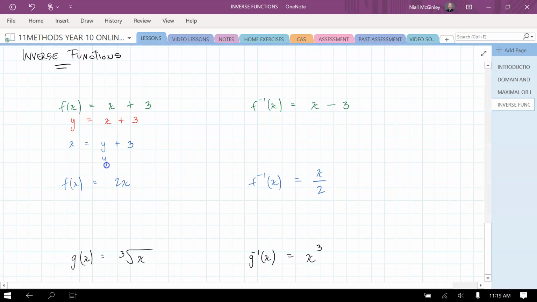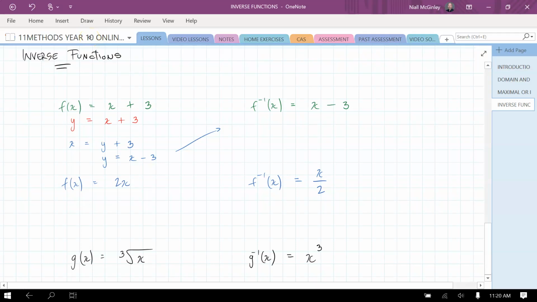Once we swap x and y, you want to make y the subject. So y would be x minus 3, you see. And that is what we thought the inverse function was going to be. And that will work with all functions, to work out what the inverse function is.